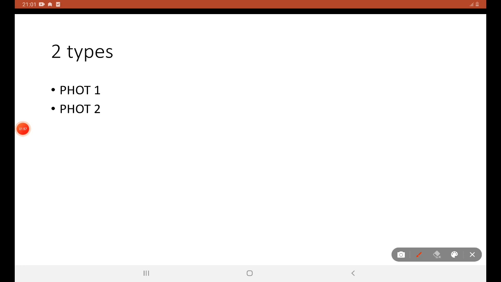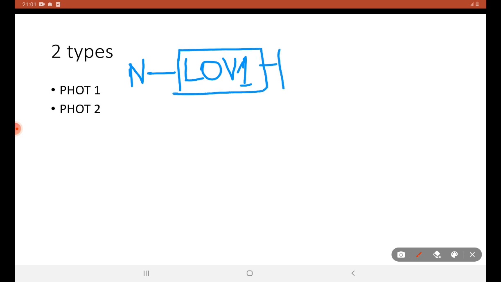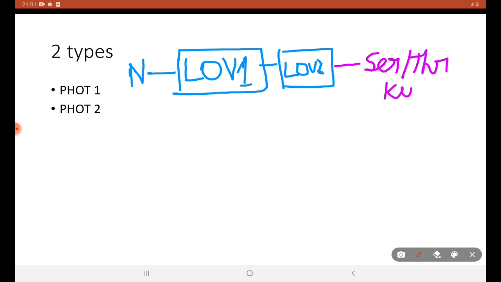Now we will draw the N-terminal domain. It has the photosensory region of LOV1, that is light oxygen voltage, LOV1, LOV2. Then we have the serine threonine kinase, which is the C-terminal domain.